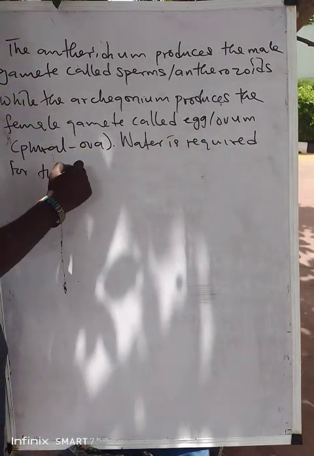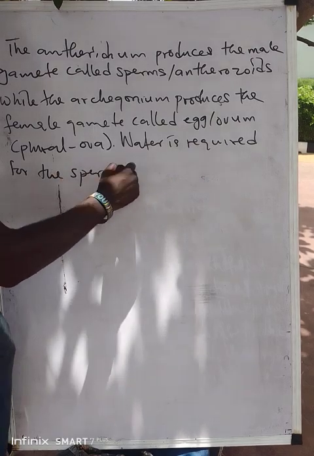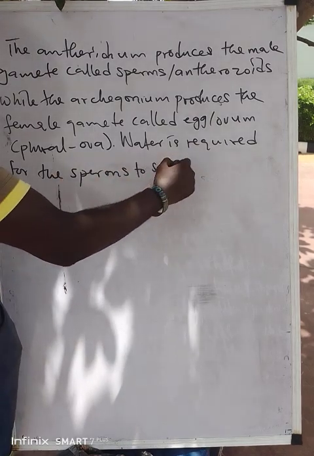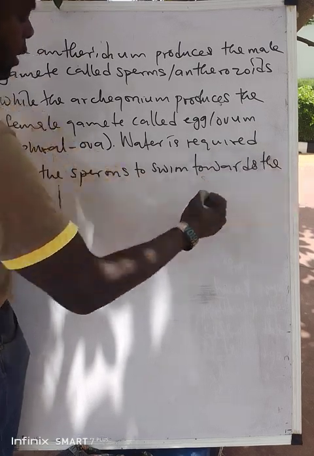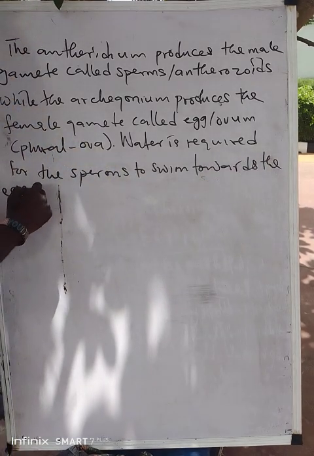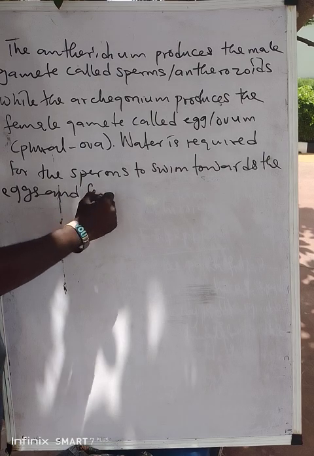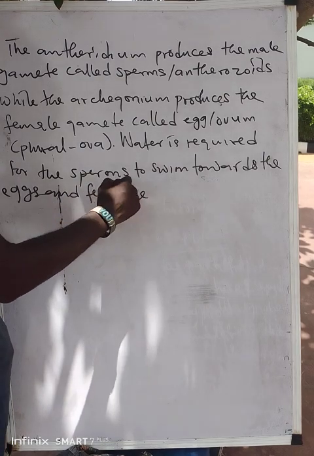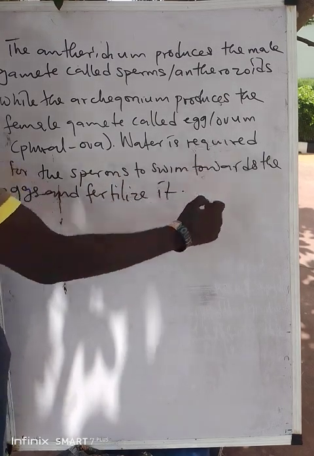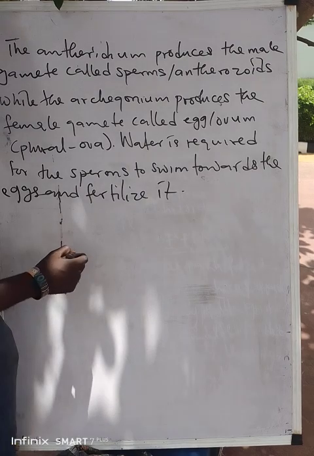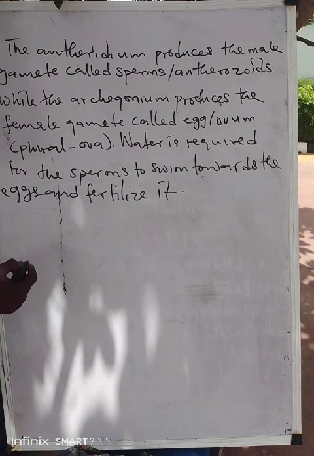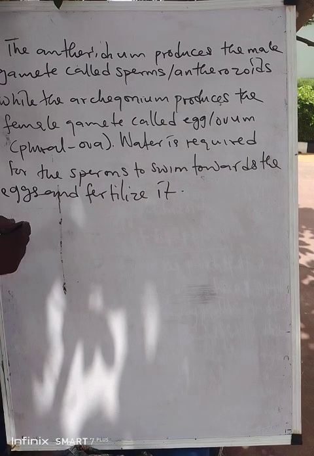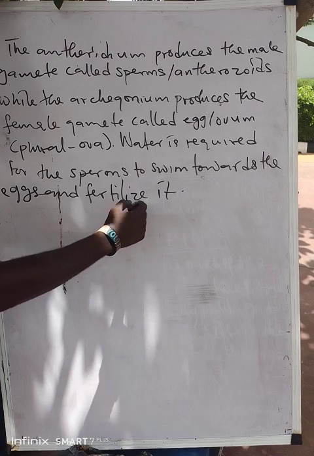For the sperms to swim towards the egg and fertilize it. So you can now see when fertilization takes place, the zygote that will be formed now will grow.